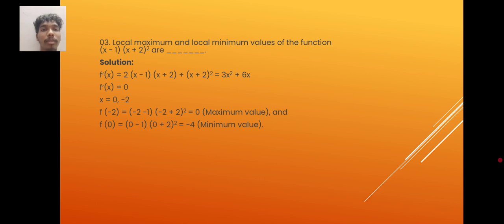And f(0) is equal to (0 minus 1)(0 plus 2) squared, which is minus 4, a minimum value.